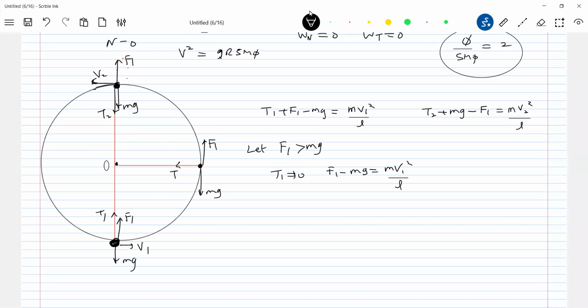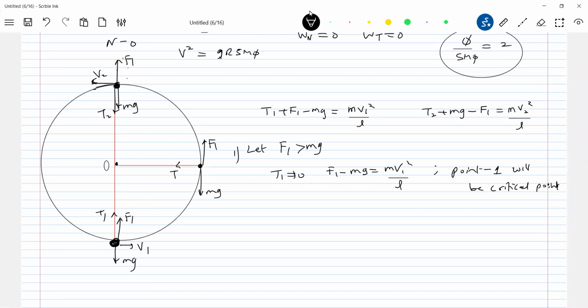So where is the critical point now? If F1 is greater than mg, where will the critical point come? At point 1. So this should be the minimum velocity now. So point 1, the lowest point itself, will be the critical point.